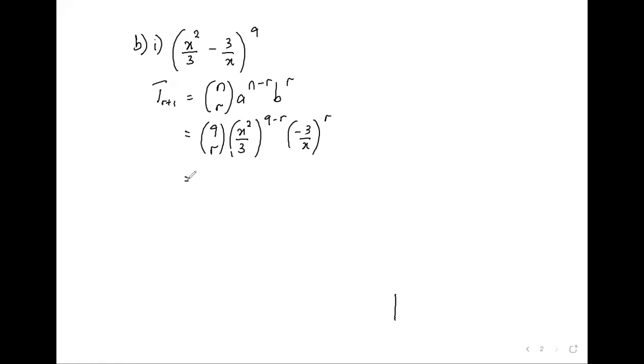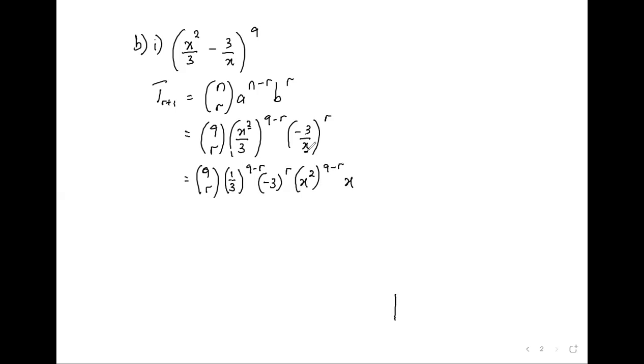Then from there, since we are told the constant term is a term independent of x, we want to put the powers of x together. So we'll separate the x from anything else. Right here, we'll leave 1 over 3 to the power 9 minus r, and minus 3 to the power r, and have our x squared to the power 9 minus r.